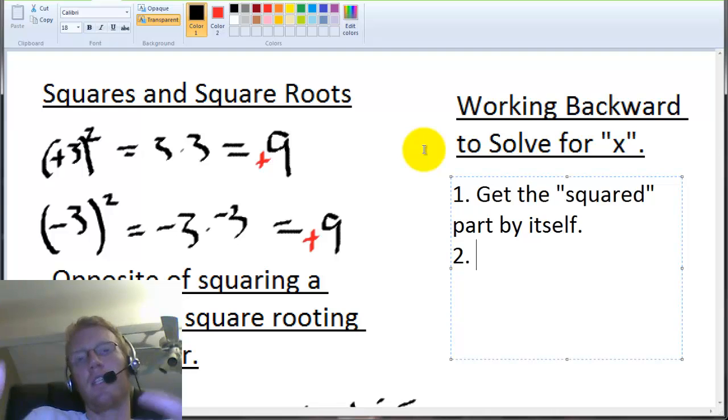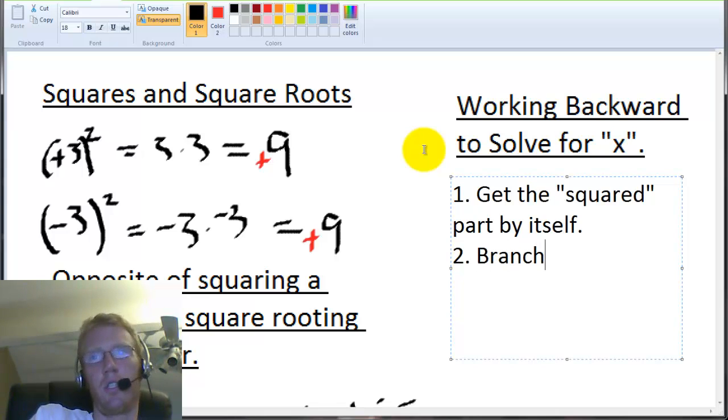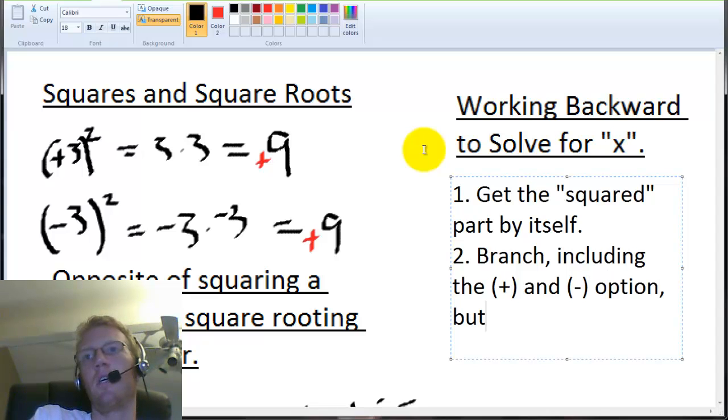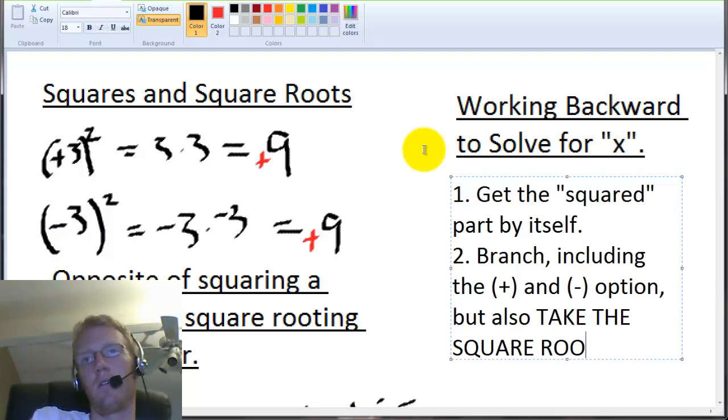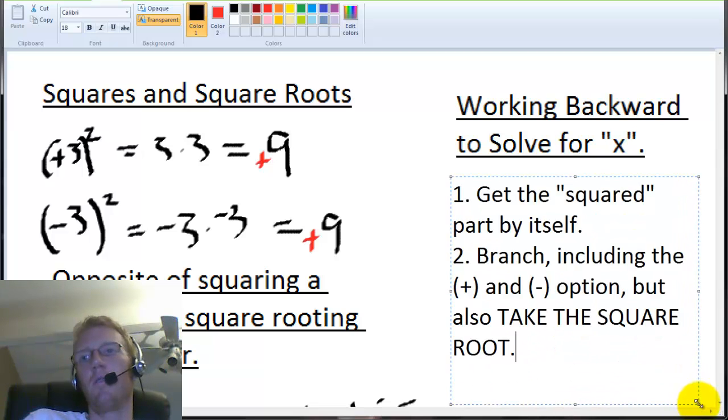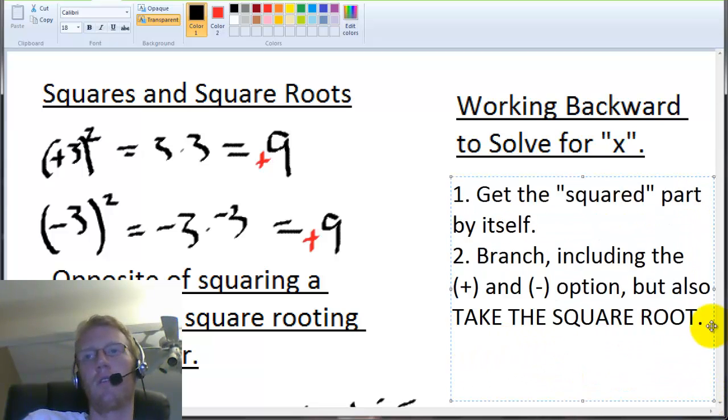The second step previously was to branch and write the positive and negative options. So again, we're going to branch, including the positive and the negative option, but also take the square root. So you're not just branching for the sake of branching. You're branching because you're trying to take the square root.